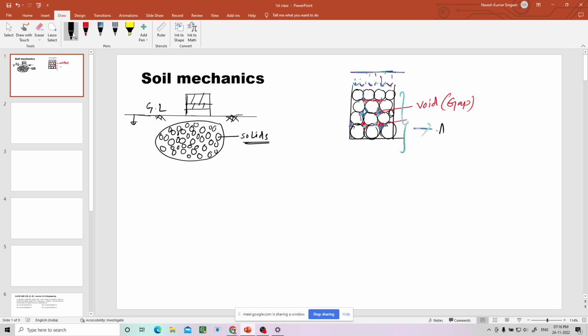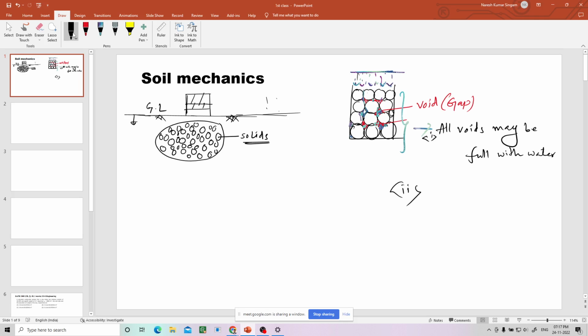So let us call it average. All voids may be full with water. That is one condition, if you pour sufficient water. Another one is, if you do not pour sufficient water, it may be coming from the rain. Outside, in the field, it is coming from the rain.